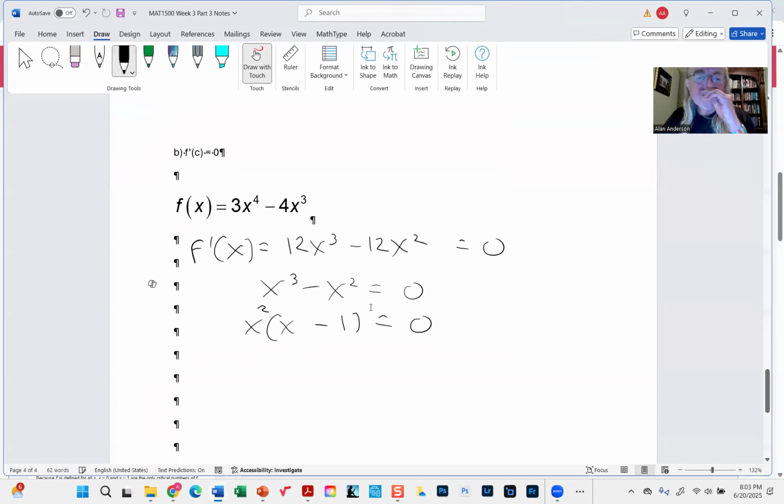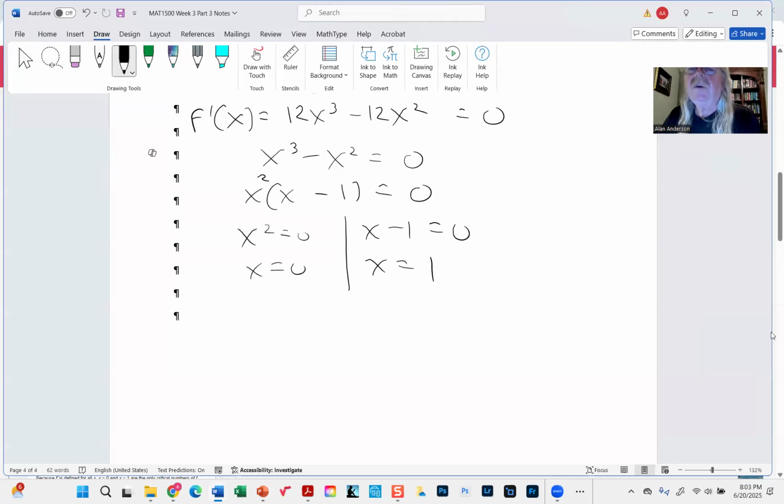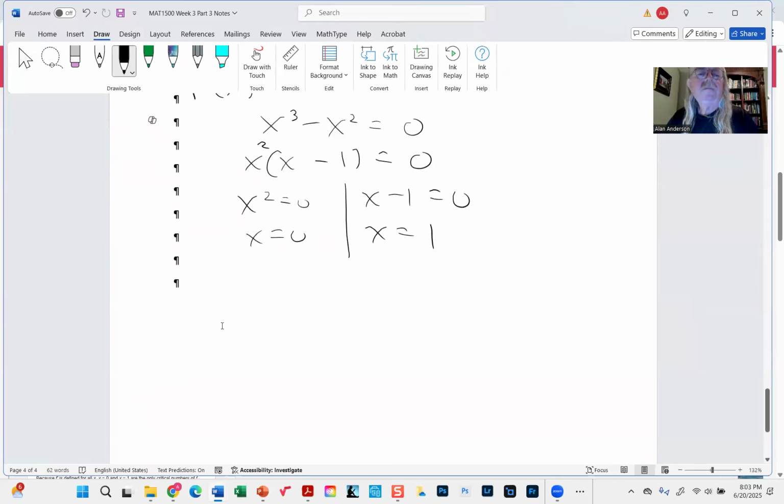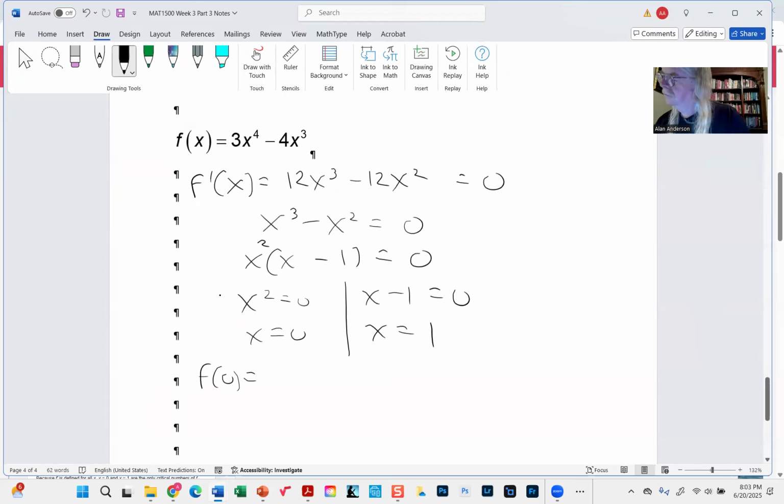So that implies that, okay, we have x equals 0 and x equals 1. So f of 0 equals 0. So the point (0, 0) is either a maximum or a minimum.